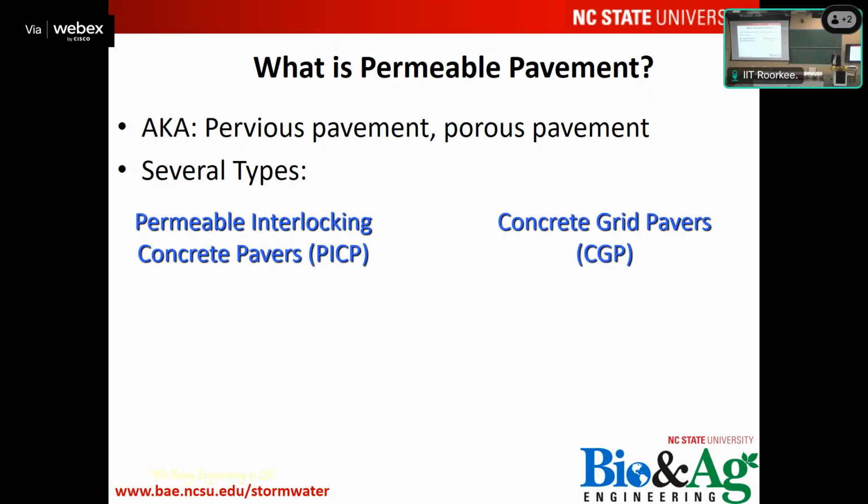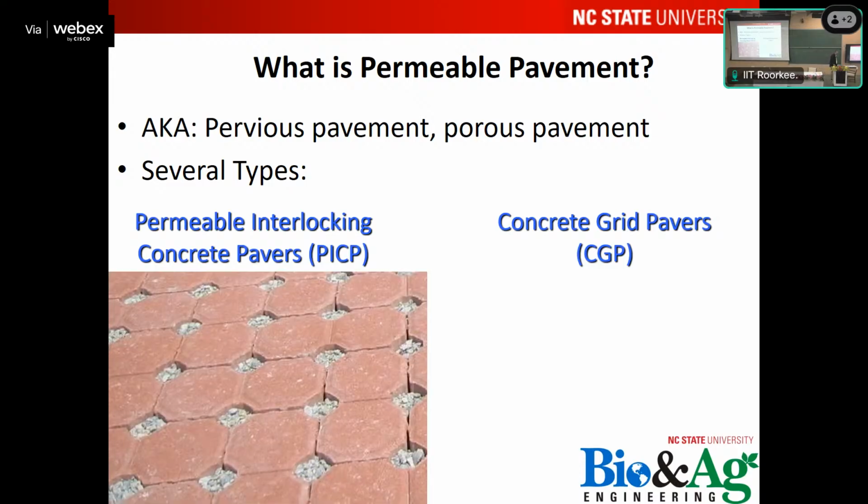All right. Now, when we say permeable pavement, there are multiple types of permeable pavements. The one that I suspect you will see the most in India is this first one here called permeable interlocking concrete pavers. There is an example of, and it is referred to in the industry as PICP, okay?